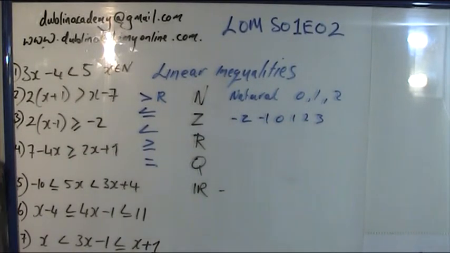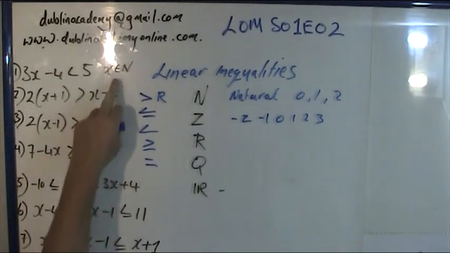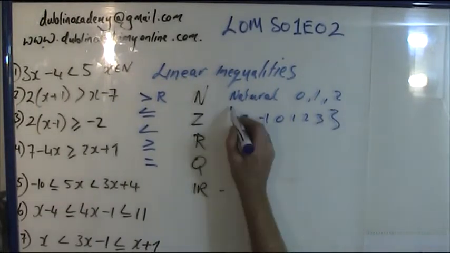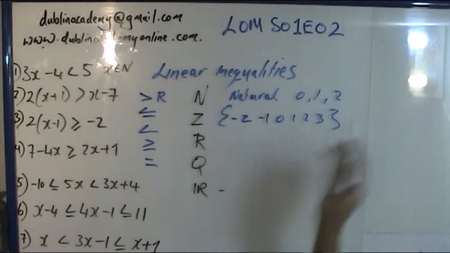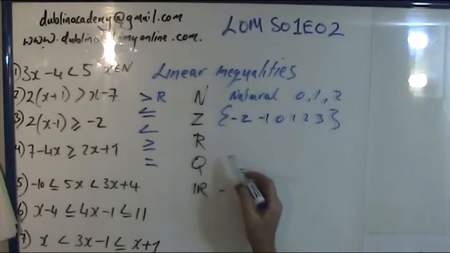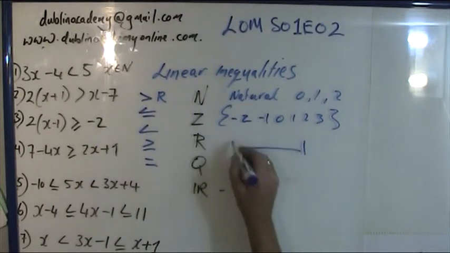So you might be asked, what are the integers in this set? For example, x is an element of N. When you solve these equations, you'll be able to get a set, which you should be able to put as x is equal to. Or R is a real number. A real number is any number that's on the number line.